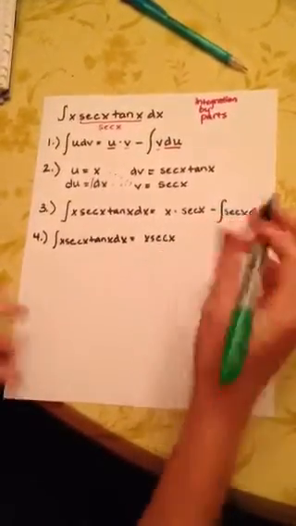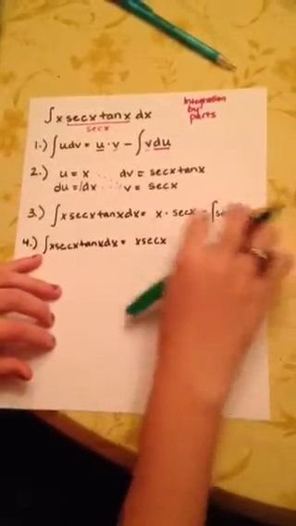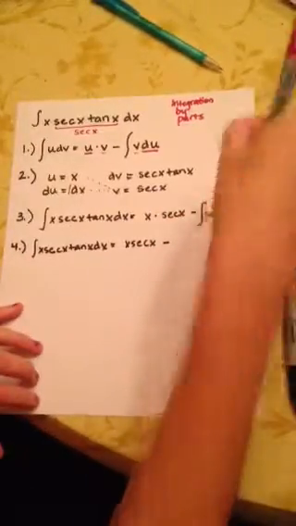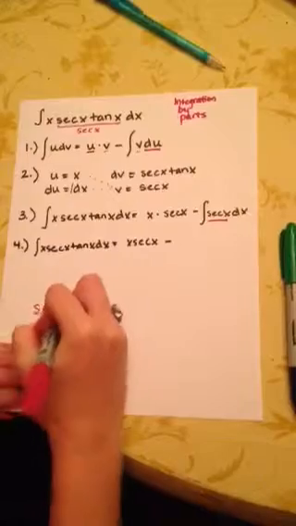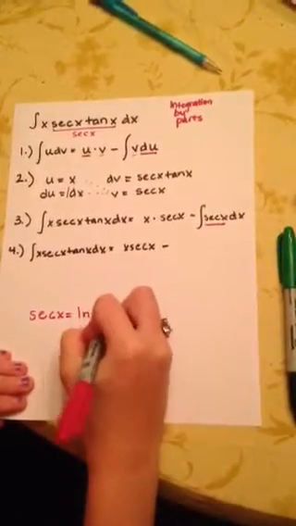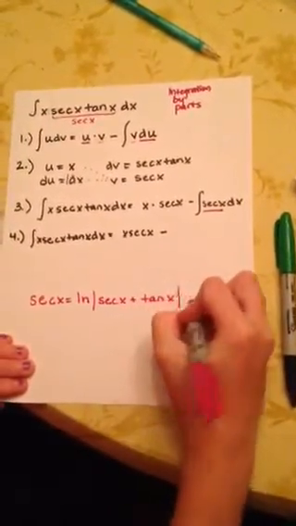In order to fulfill this whole problem, we need to integrate this little section right here. So it's still going to be a subtraction, but if you want to integrate secant of x, it equals the natural log of secant x plus tangent x plus c.